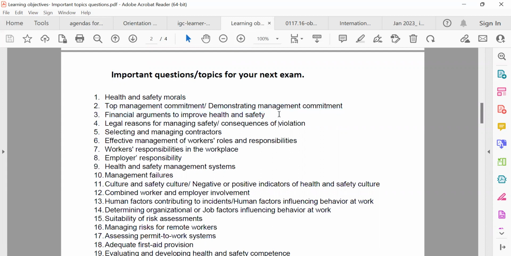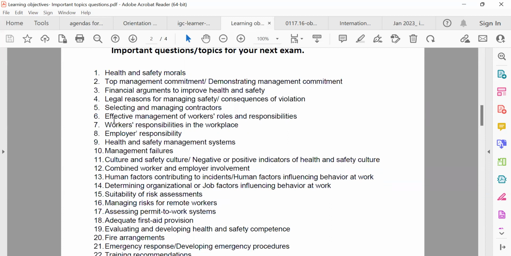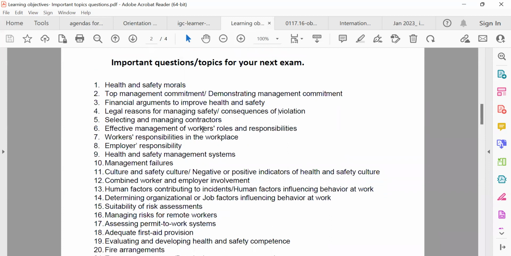The question would be like, comment on the commitment shown by the organization, or what is your thought on demonstrating management commitment. The third one is financial arguments to improve health and safety. What financial arguments could you use to convince the directors? That's a common question.